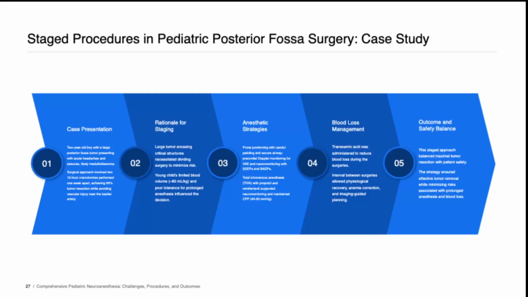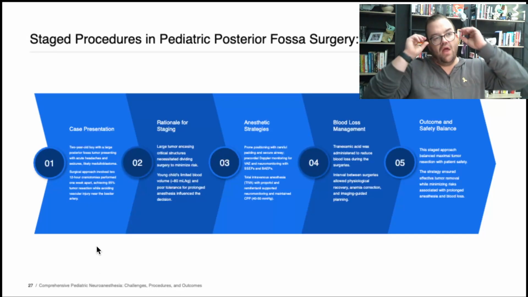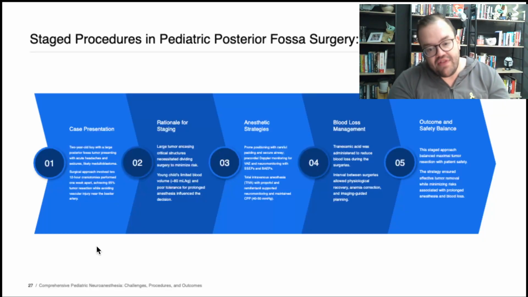But the rationale for staging posterior fossa surgery is that when you have large tumors that are encasing the brain stem, cerebellum, the vertebral arteries, the basilar arteries, the cerebellar arteries, we know that these kids can't get targeted radiation there. The effects are just catastrophic on the developing brain. We know that chemotherapy doesn't work in that area, especially for medulloblastomas. So the only hope is surgical.